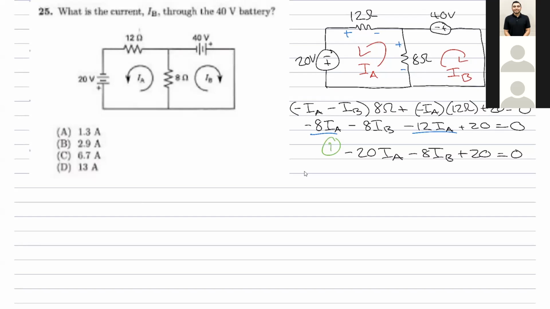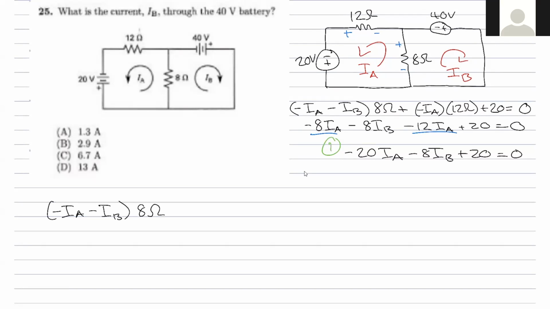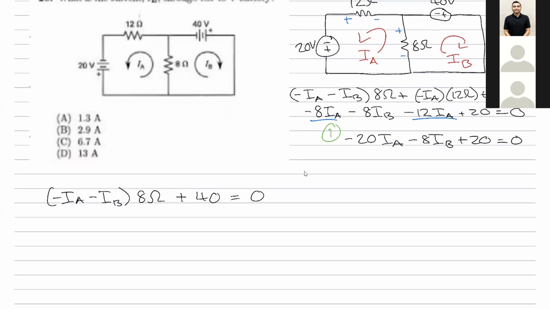So we got the same thing, IA minus IB times 8 ohms plus 40. Okay, simplify this a little.